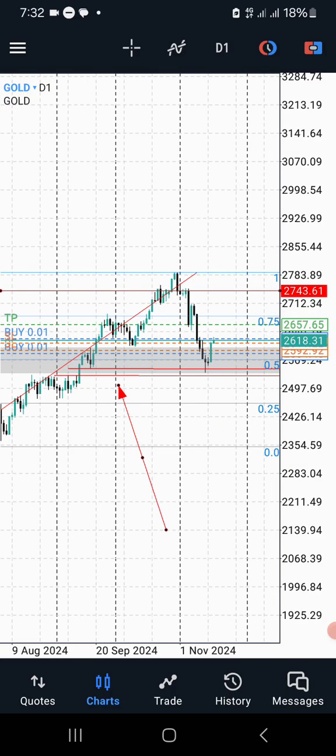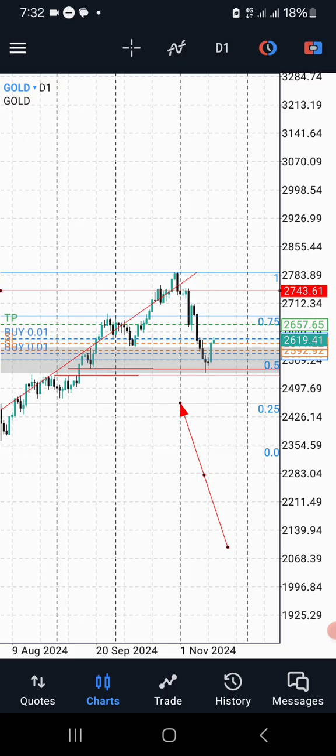And then what is evident on the daily time frame is that this fair value gap, the monthly fair value gap, falls at 50% of the dealing range, right? At the 50% of the dealing range.